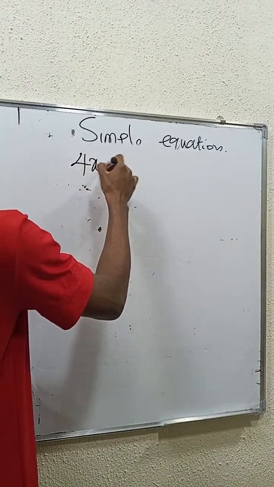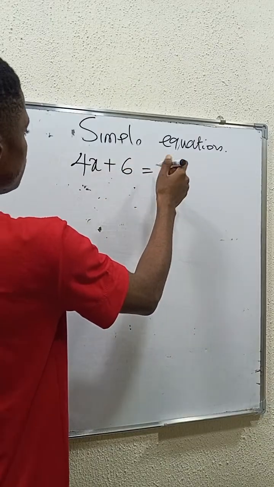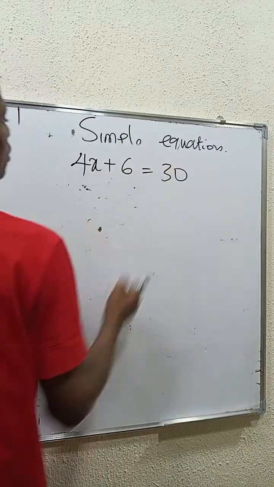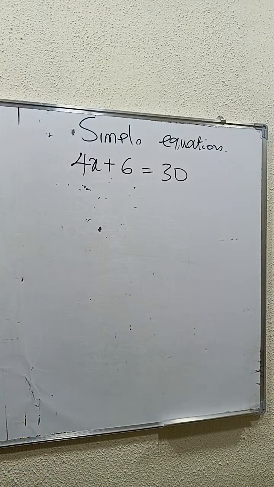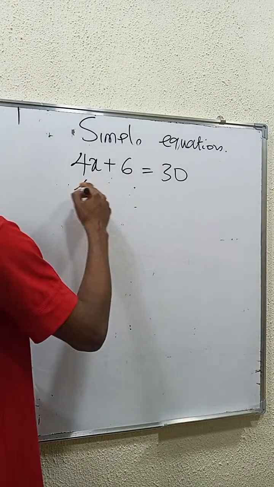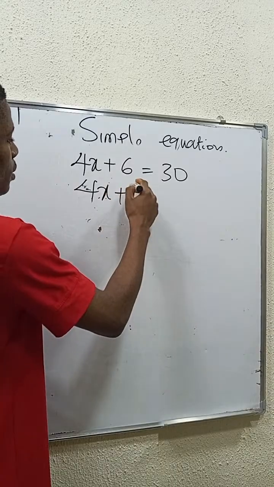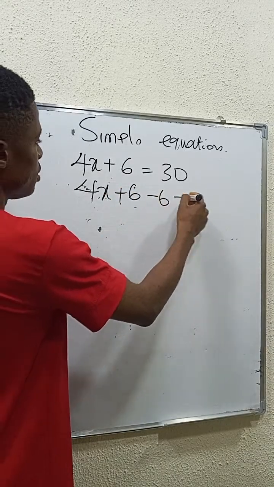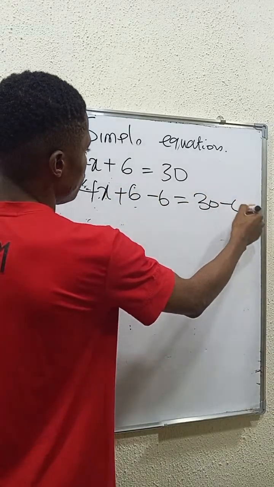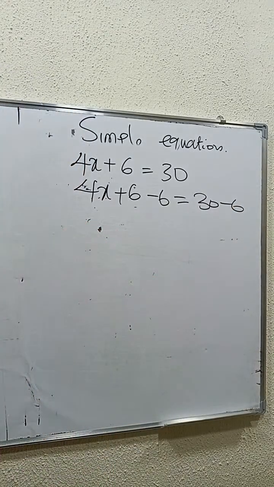We have 4x plus 6 is equals to 30. In this one, we will try to find the value for x. To do that, it's very, very simple. You have 4x plus 6, take away 6, is 30, take away 6.